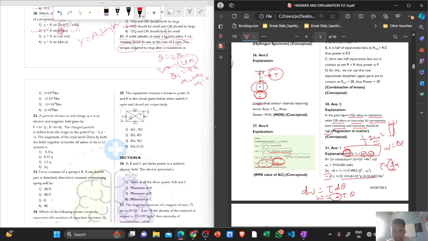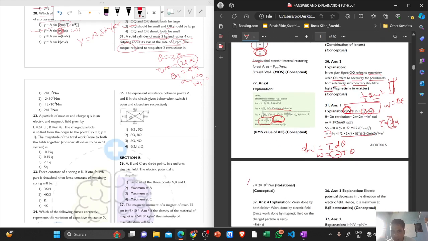So from here you can easily calculate this torque, and it will come out to be 2 into 10 to the power minus 6 Newton meter. So in magnitude it is option number 1. They have given the mass and radius, so you can calculate I, and you are given omega naught. You cannot calculate alpha directly from here, so you need to use work energy to get the value of work.